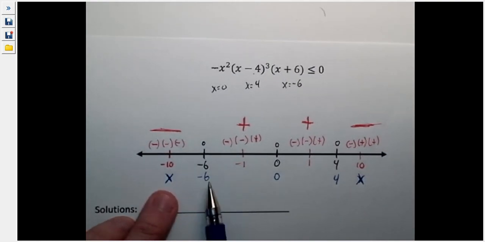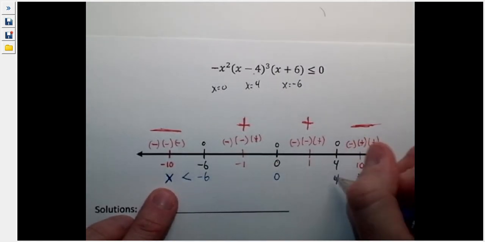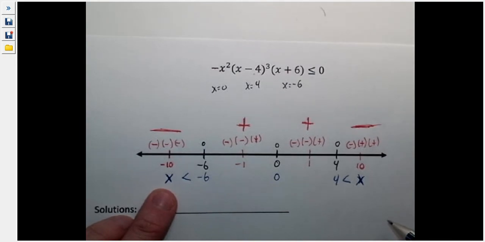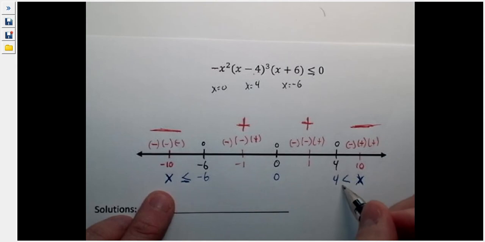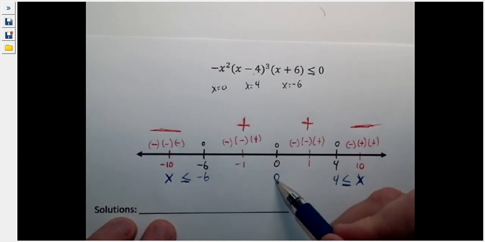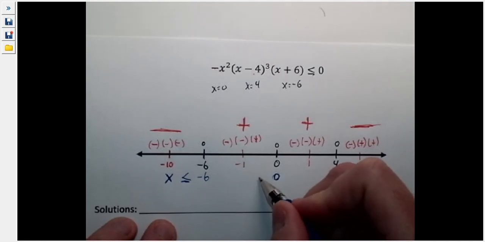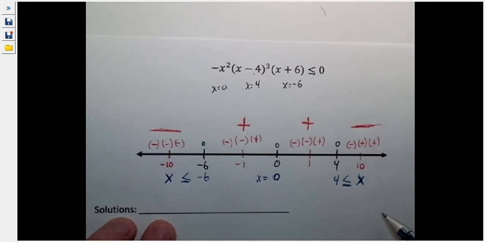Again, anywhere I see an x and a number in between there, I'm going to put a less than sign. And since this is equal to 0 as well, I'm going to have to put an equal sign adding to it. Now I have this 0 right here all by itself, which means I also have to say, okay, I need that one as well.